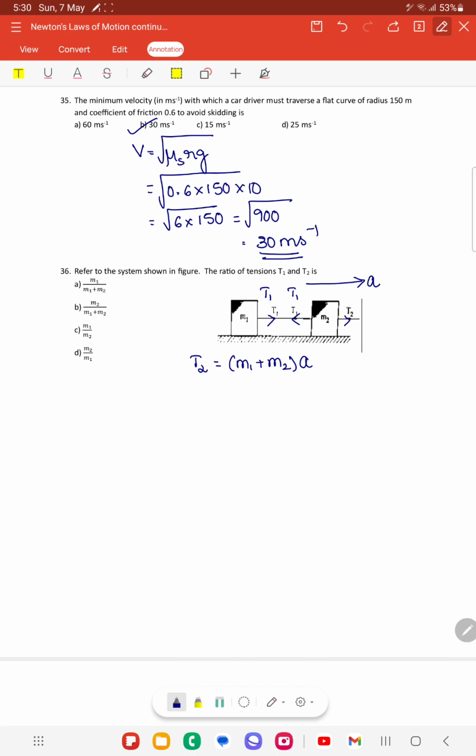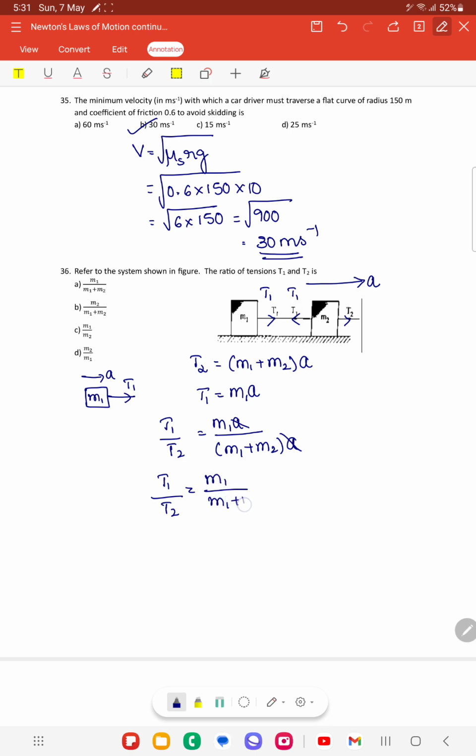If you consider the block m1, the force is T1 and acceleration is a. So T1 is equal to m1 into a. Taking the ratio, we have T1 by T2 is equal to m1 into a divided by (m1 plus m2) into a. The a cancels, so T1 by T2 is equal to m1 by (m1 plus m2). So option A is the right answer.